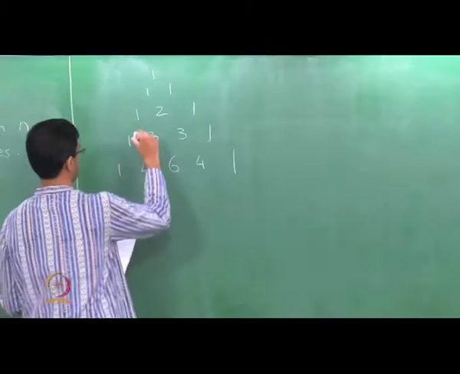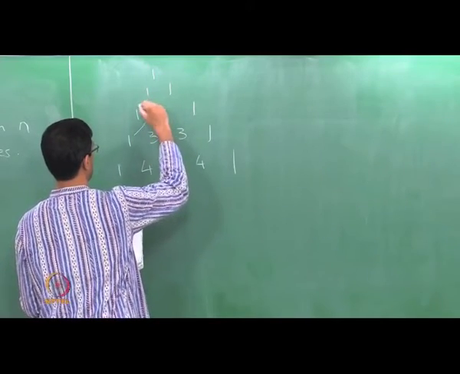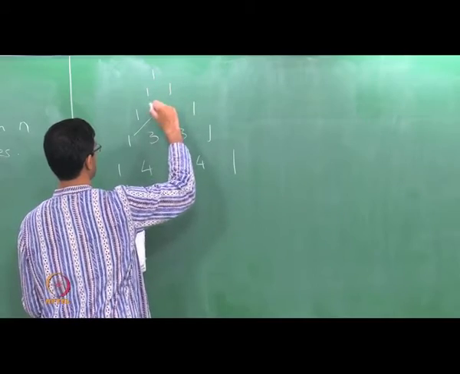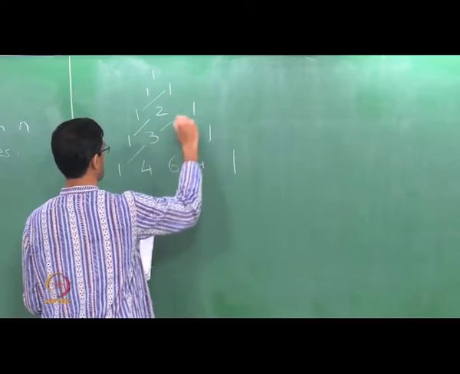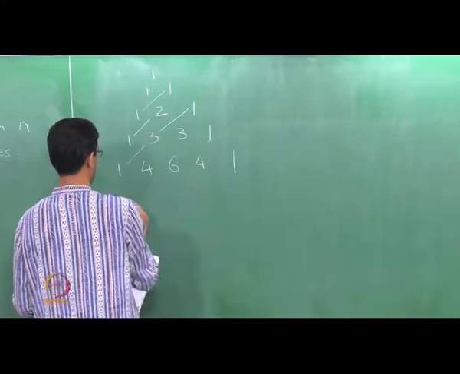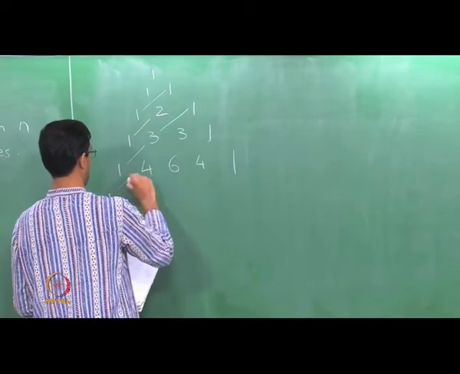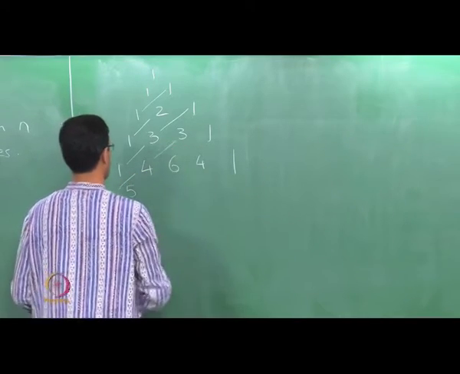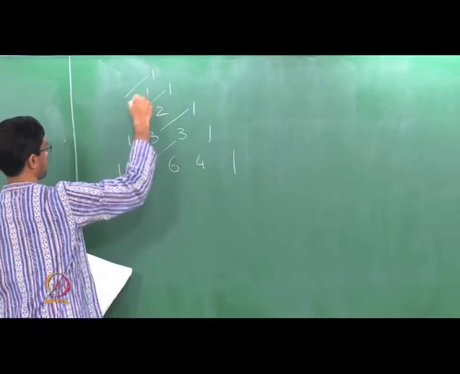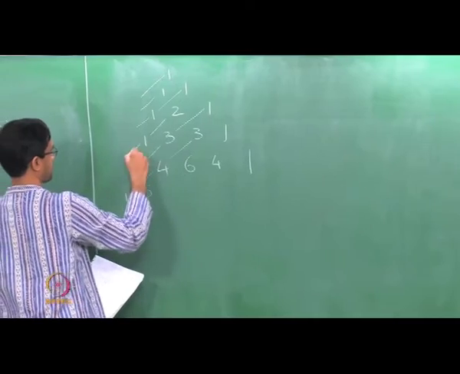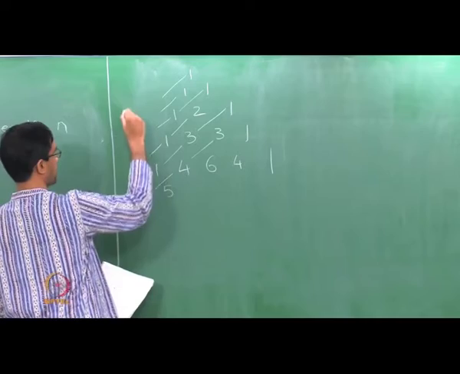If you take these sort of diagonal sums, so I take 1 2, I take... So if you sort of add up these so called diagonals, what you get are just the Fibonacci numbers.